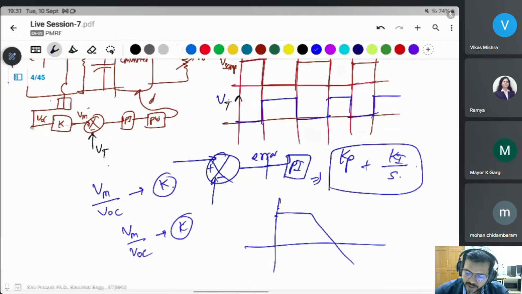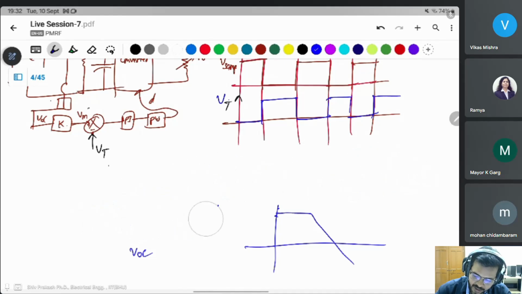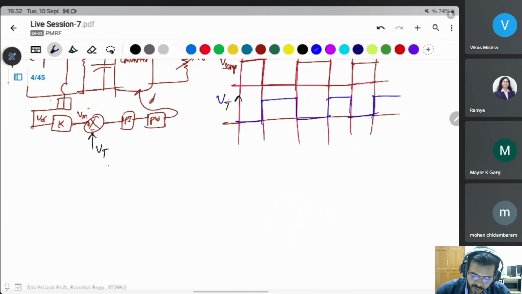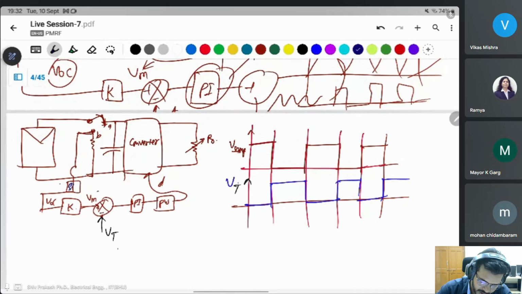The PI control reduces the steady state error because of this. Here you can reduce it, but for a variable quantity, if you use the PI controller, it is difficult to track the quantity. That's why a capacitor is used as a hold circuit, a sample and hold circuit.